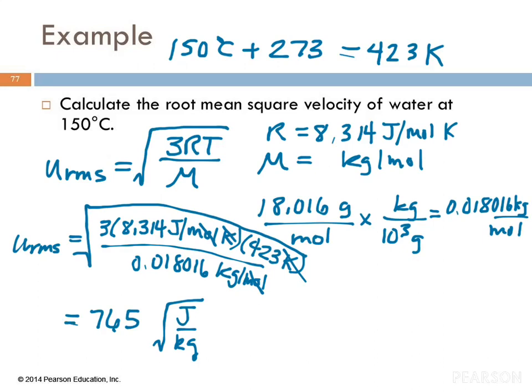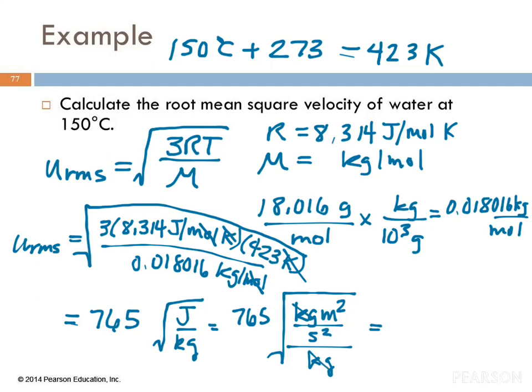Okay, so here's physics again. A joule is a kilogram meters squared per second squared, and that's divided by kilograms, and we take the square root of that whole thing. The kilograms cancel out. The squares go away when we take the square root, and we end up with 765 meters per second.